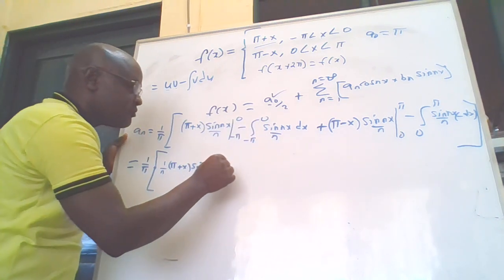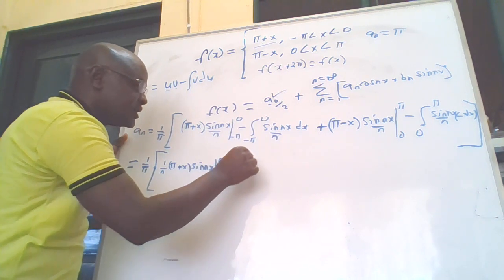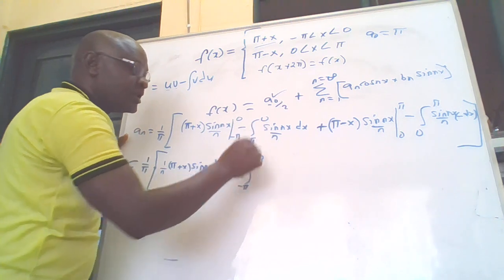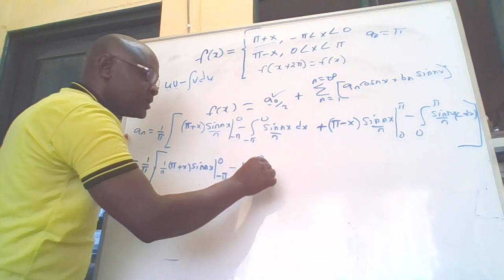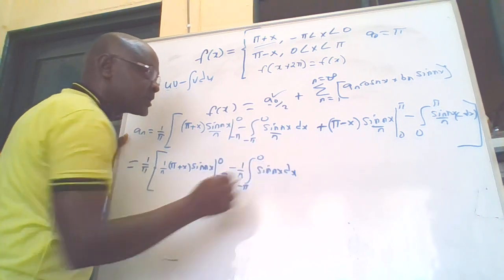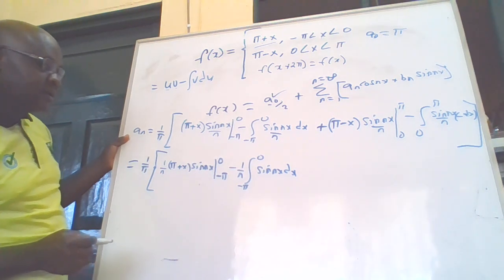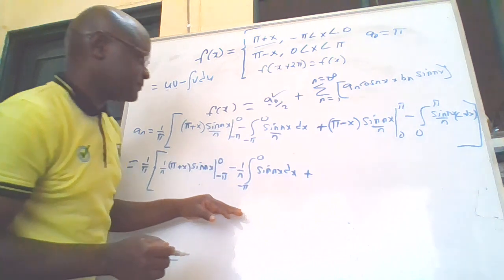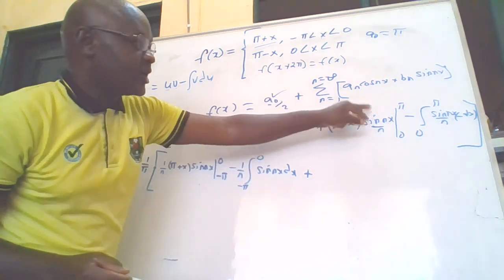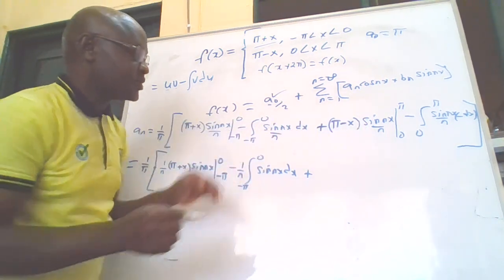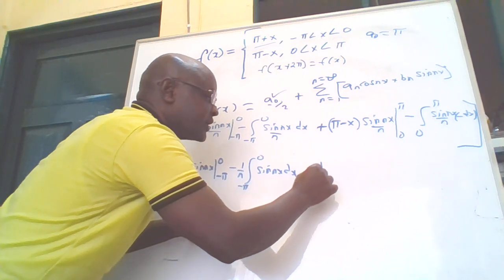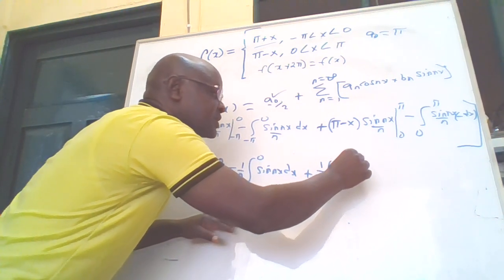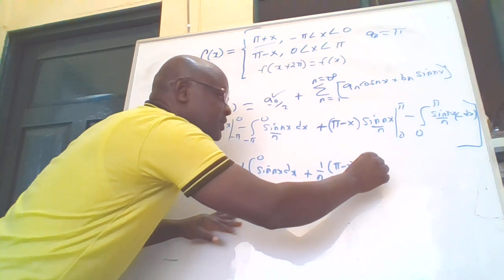So I have minus 1 all over n, the integral from negative pi to 0, now I have sine nx dx. That's fine. Then plus, I want to take 1 all over n outside here, so that I have 1 all over n into pi minus x sine nx.